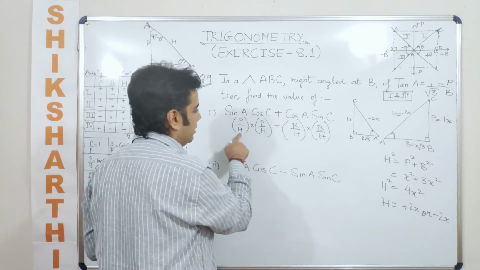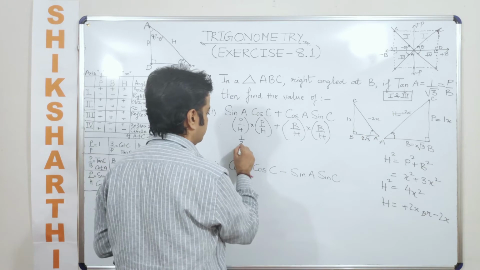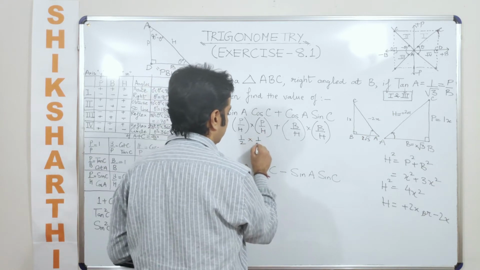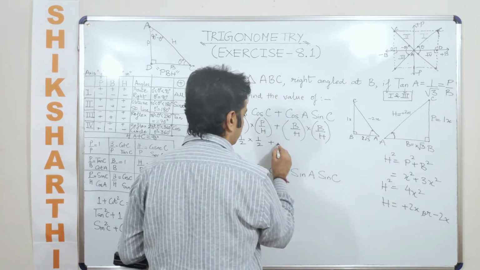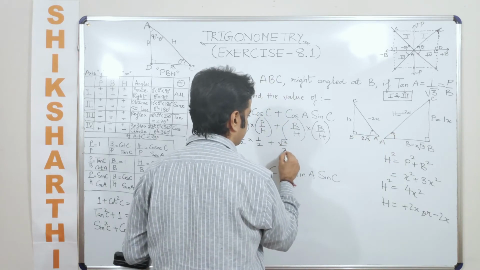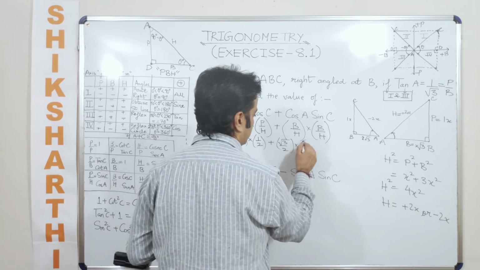So if we substitute the value here, how much is P by H? 1 by 2 into P by H, which is again 1 by 2, plus B by H, which is root 3 by 2, into root 3 by 2.